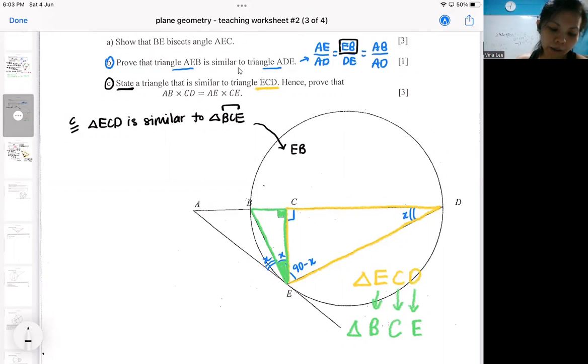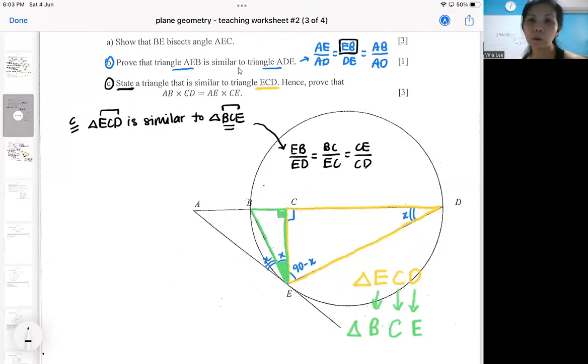EB over ED. So you carry on with the listing. For example, BC over EC, and then CE over CD. You are just listing out.